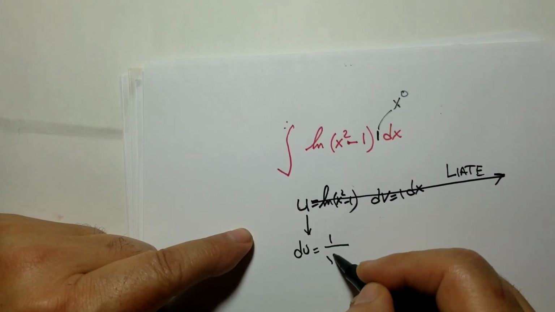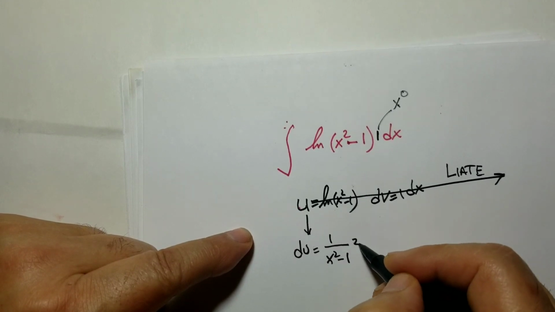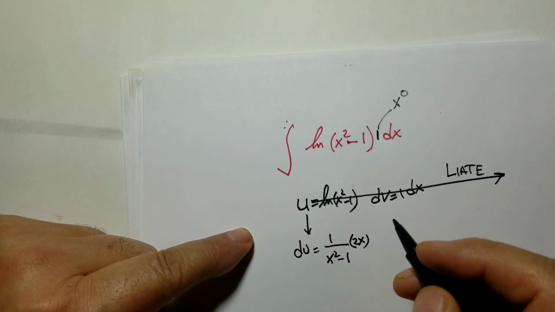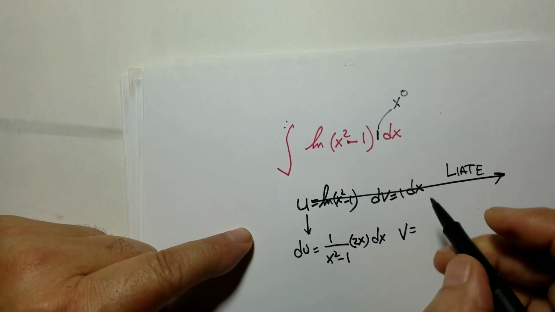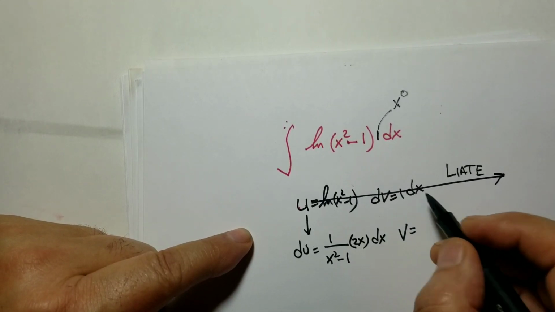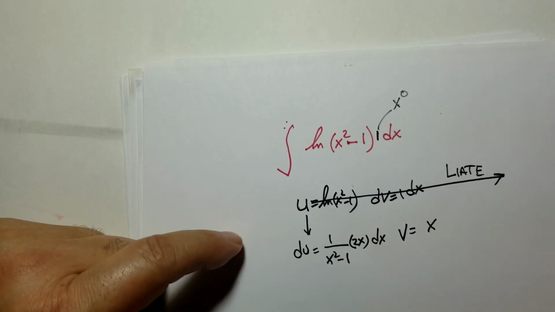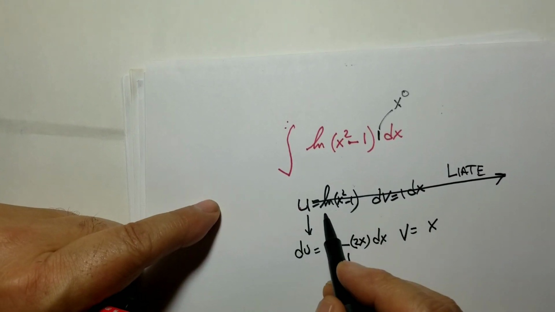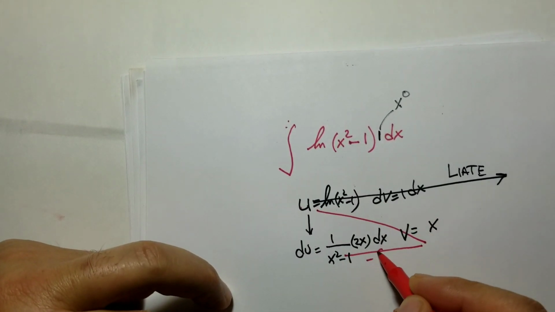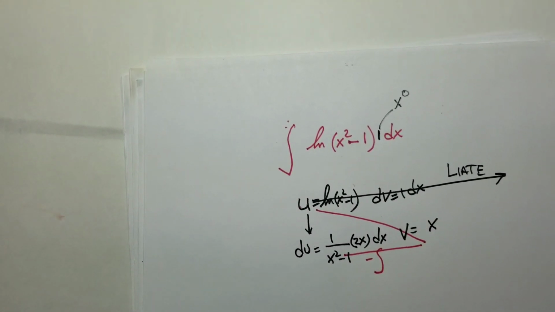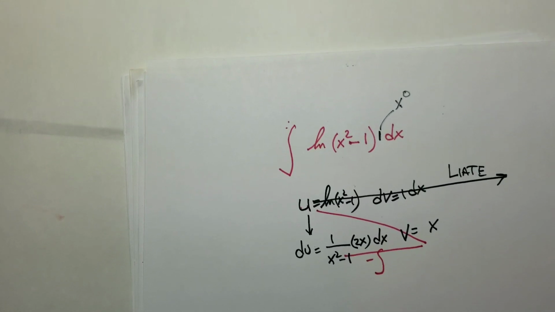It is 1 over x squared minus 1 times the derivative of the inside function times dx. And the derivative of x with respect to x is 1, so v is x. Then your answer should be uv minus the integral of v du.